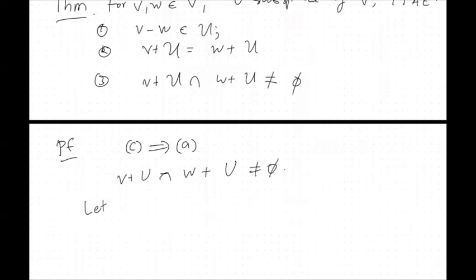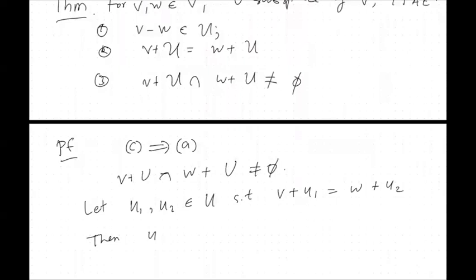Let us consider u1 and u2 elements of U such that v + u1 is equal to w + u2. Hence, v - w is equal to u2 - u1, which is an element of U here.